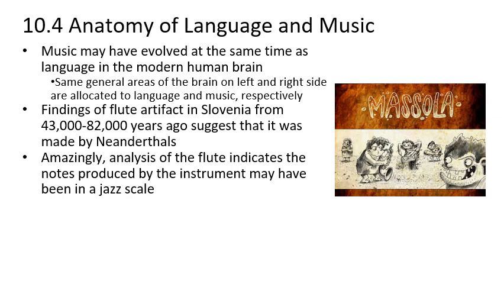There is a really famous flute artifact that was found in Slovenia in Europe that's estimated to be from around 43,000 to 82,000 years old. Where it was found in Slovenia and also the time period suggests that it was made by Neanderthals. Fascinatingly, somebody reconstructed the flute and found out that it played what is close to a major scale in our Western European scales, but it actually was off one note, so one note was a little bit down, which makes it close to a jazz scale.